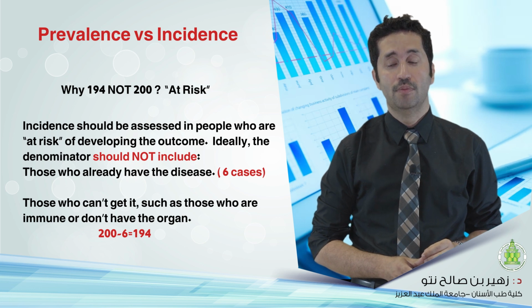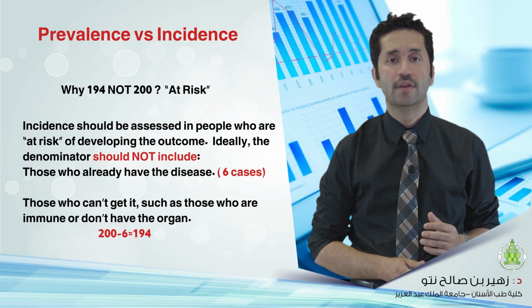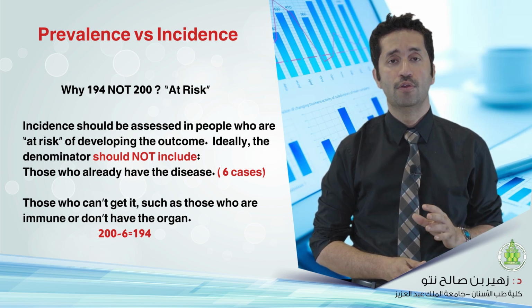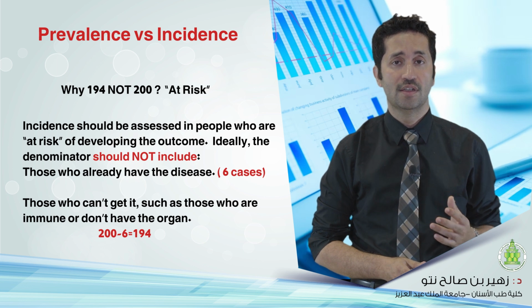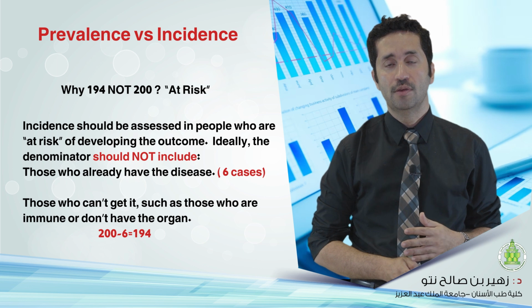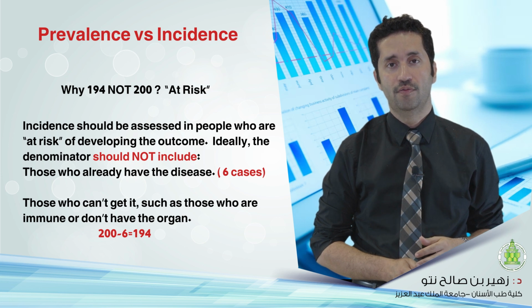Why? Because if you remember, population at risk means those who can get the disease. We're going to exclude those who already have the disease or those who are not going to get the disease due to immunity. In this case, 6 already have the disease, so 200 minus 6 is 194.